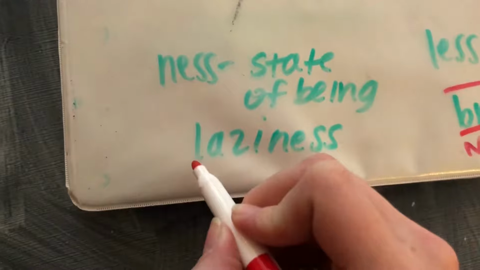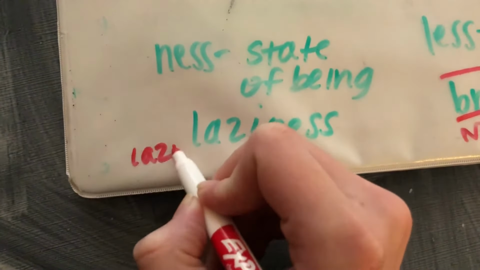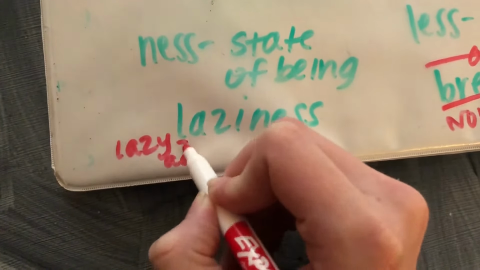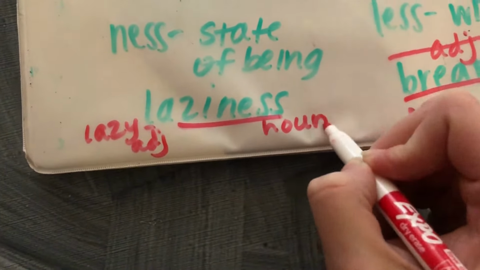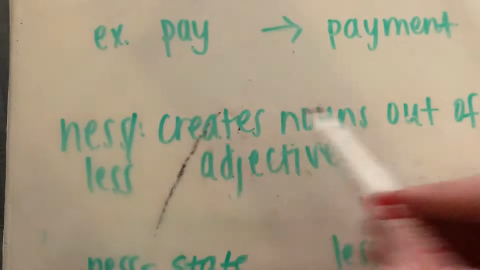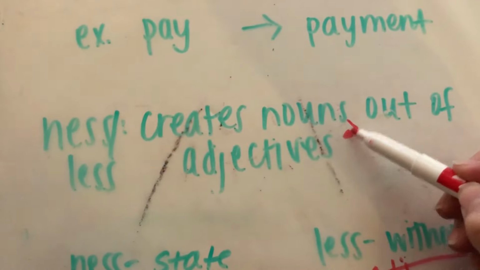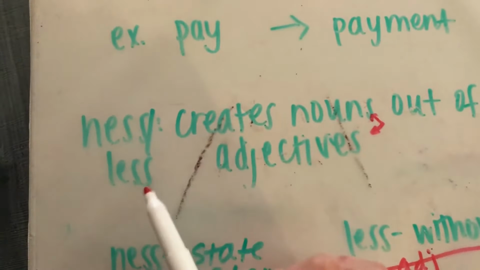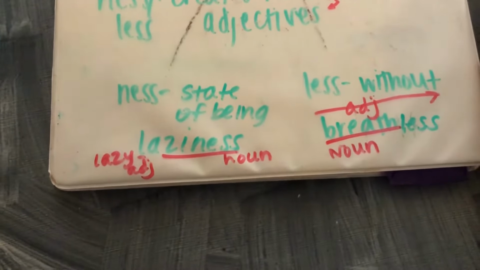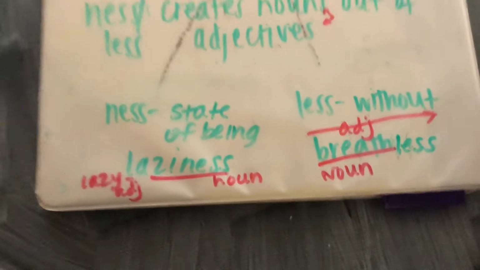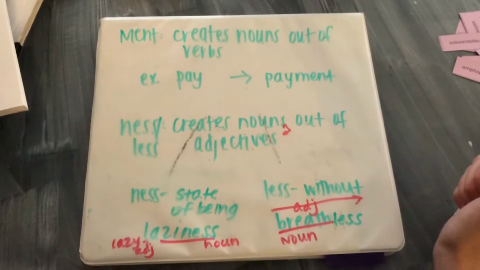Here, lazy is the adjective, and this whole thing is a noun. So I guess these are actually opposite one another. They flip. But you can see that they relate a noun and an adjective together. So I'm going to back up and let you look at that for a second.